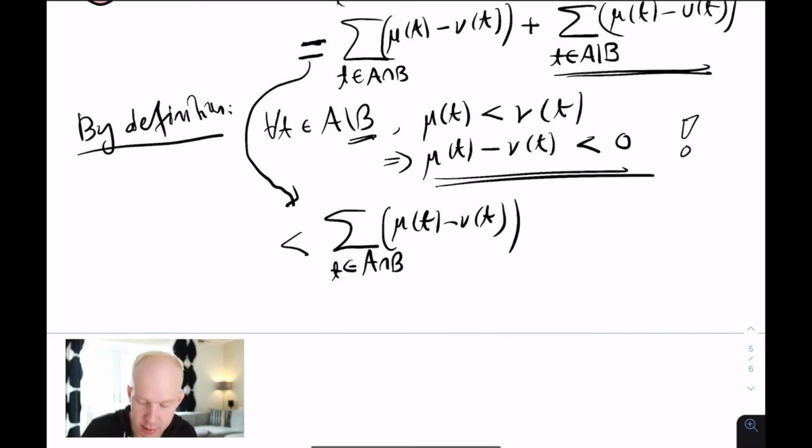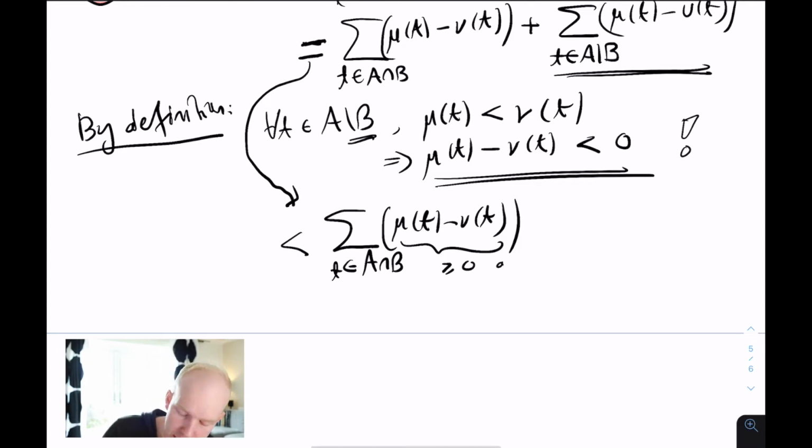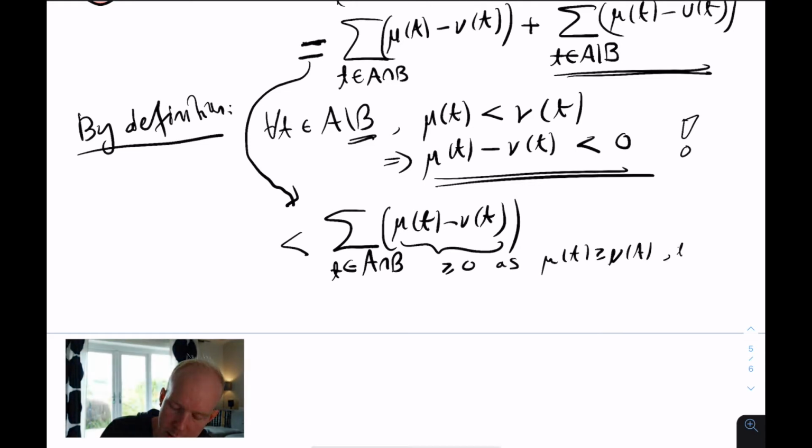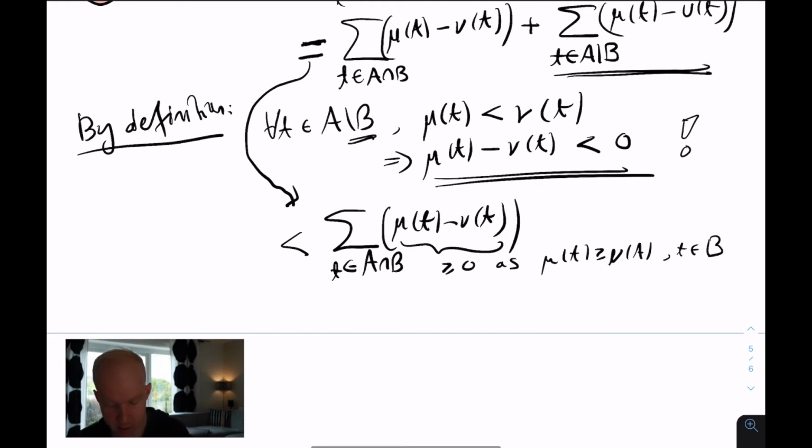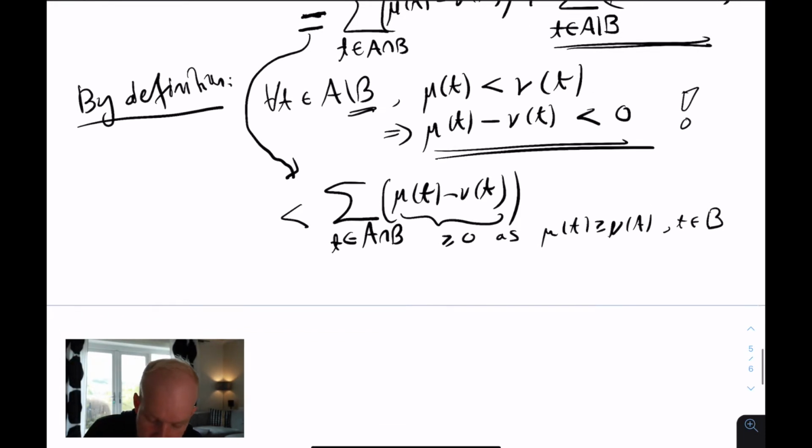We can just directly say that, at the same time, when you're in B, we know that this is at least positive, because mu t is at least nu t when t is in B. So that's why you can bound this from above by taking everything here.